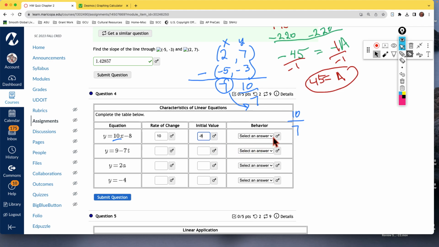And then what is the behavior? If we click on this, is it decreasing, horizontal, increasing, or vertical? It's increasing because the slope is positive. Good. So it's going to be going up. Incidentally, you could also use Desmos to graph something like this.